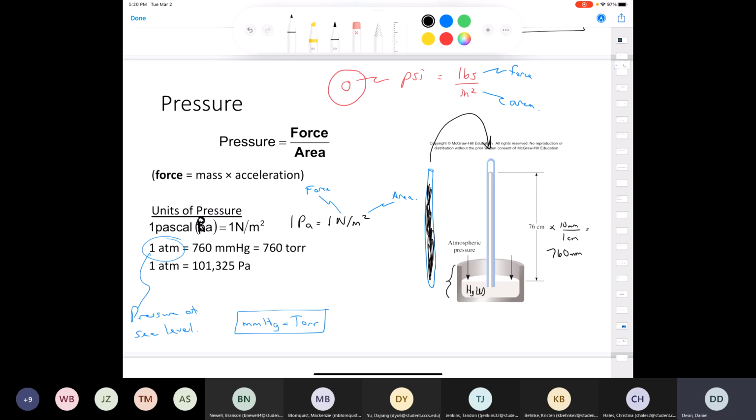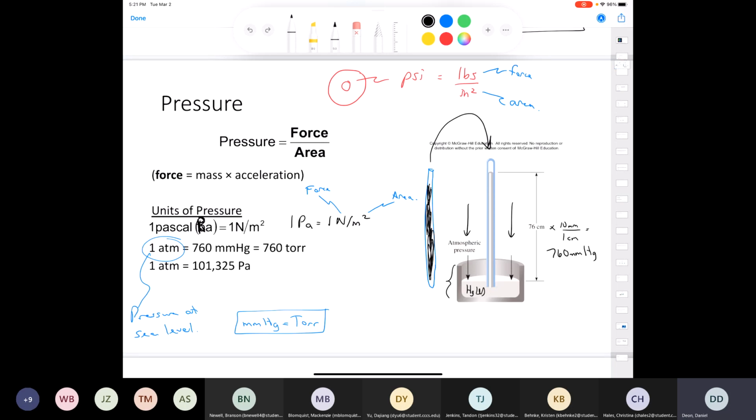The column is filled with mercury, and so that's why we call that 760 millimeters of mercury. Now, why would that be equal to one atmosphere? Because what is the force that's holding the mercury up in that column? It's the force that's exerted down on the mercury in the dish here. It's atmospheric pressure.